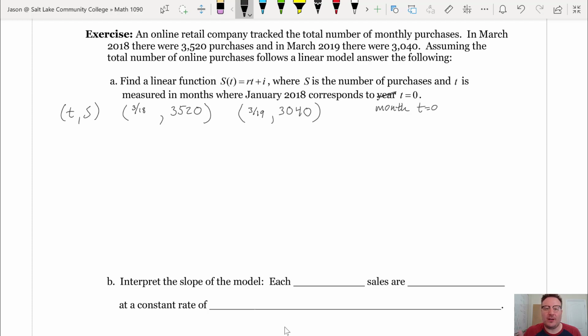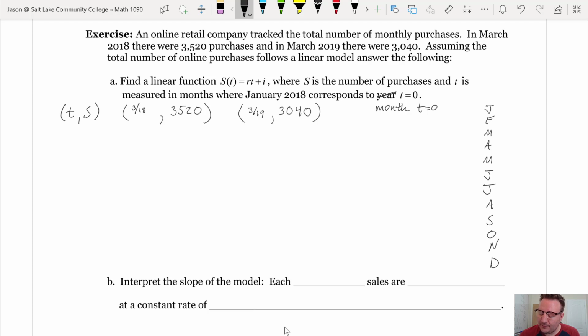When you start counting, you say 1, 2, 3. Well, here we're going to start counting with 0. We're going to do 0, 1, 2, 3. What I mean is this. The months of the year are January, February, March, April, May, June, July, August, September, October, November, December.